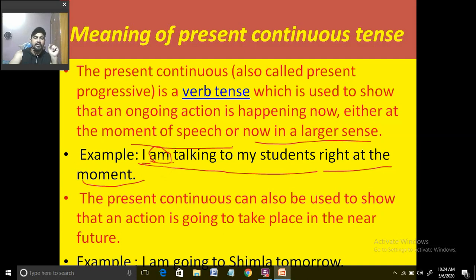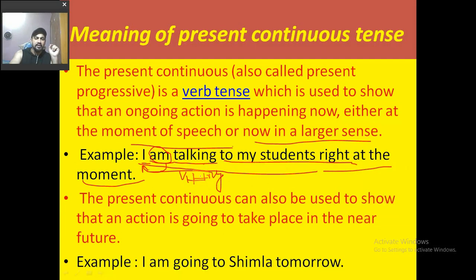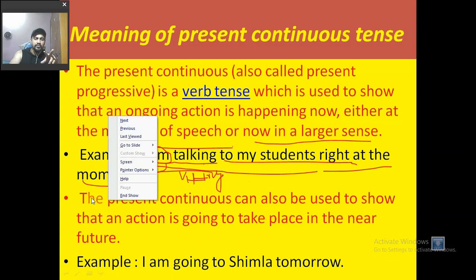So here am is applied because I is used as the subject. And then you see talking. Talking is V1 plus ing. Then to my students, right at the moment, the rest of it does not matter that much, because the structure gets completed in these three words. So we should know that.